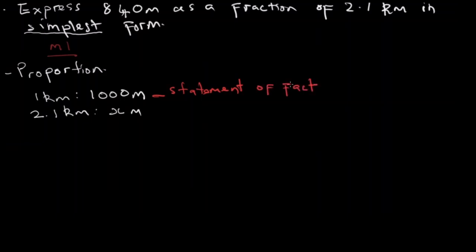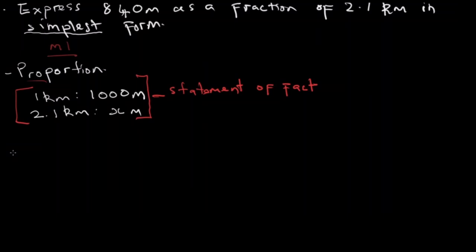Now, this is your question, or what you need to achieve. We need to know how many meters are in 2.1 kilometers, right? So 2.1 kilometers, that's x meters. And it's very important. But now when we are looking at this, I call it a proportional statement.